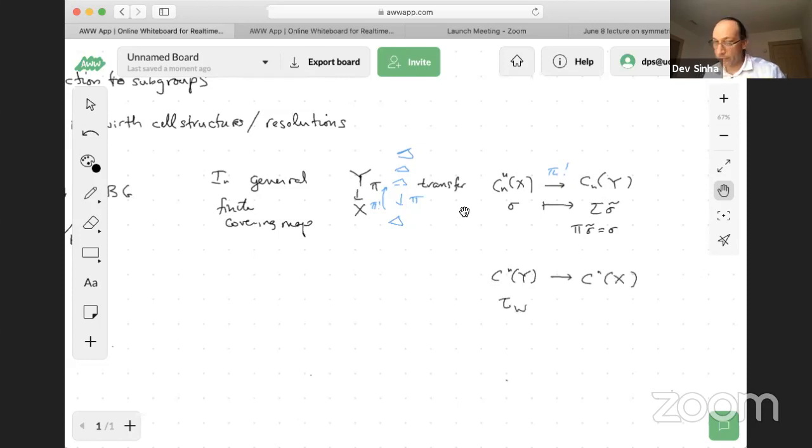Just take my Thom class, that's something represented by a submanifold, and in some cases I just look at the image in the cover, and that natural map is a wrong way map in cohomology. So this is often called pi upper star. Pi upper shriek. I should have called this one pi lower shriek. So that's the transfer.